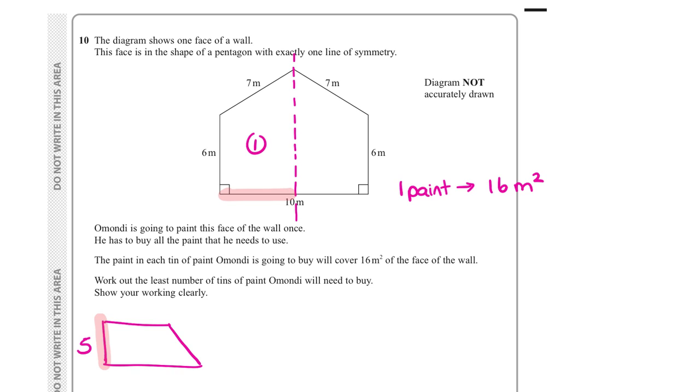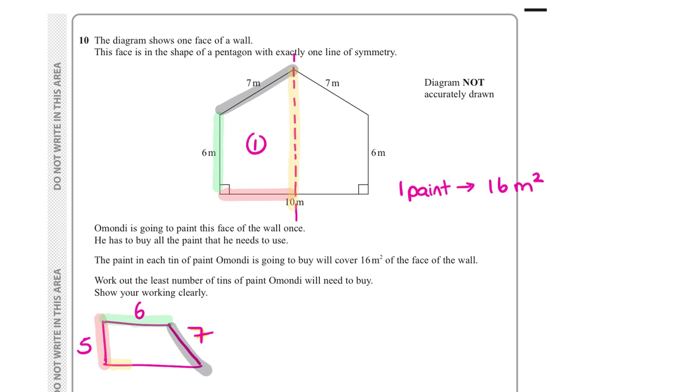Then we have this part here, what's this? 6, okay. We then have this, which is 7, and then the last one is this.